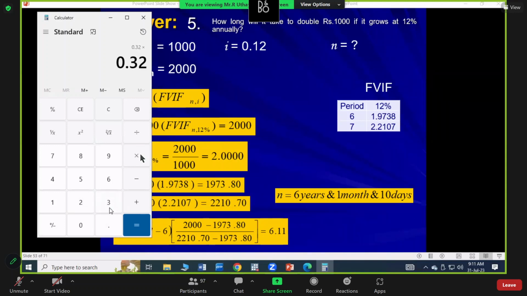So you multiply it by days, 30 days, or 31 days you can take.